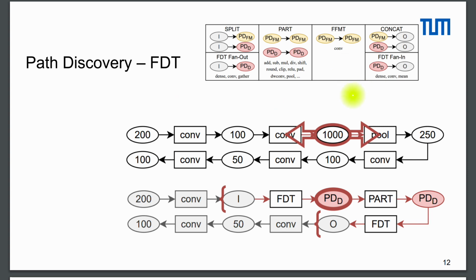So this critical buffer that we selected becomes partitioned depthwise, PDD. And then we look for the convolution before, and the only block that matches this type ending with this type and supporting convolutions is the FDT fan out, so the kind of first operation of the fused depthwise tiling.